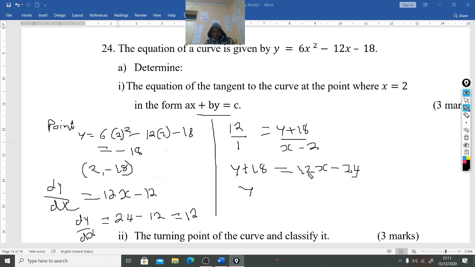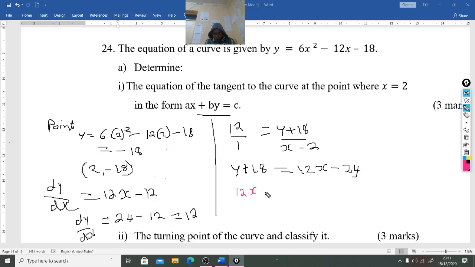So we shall have 12x minus y equals 42. The final answer is 12x minus y equals 42.